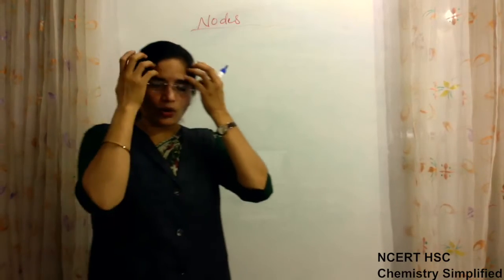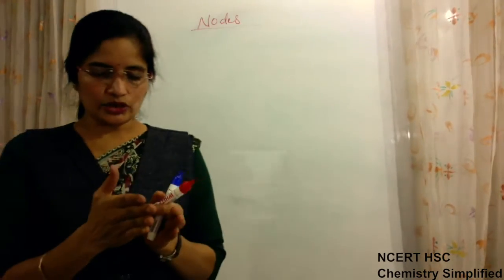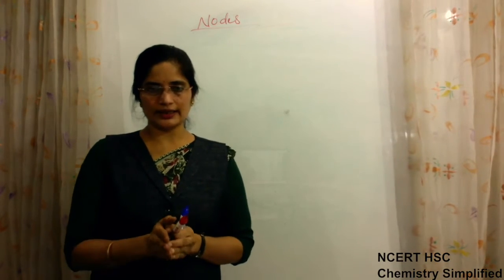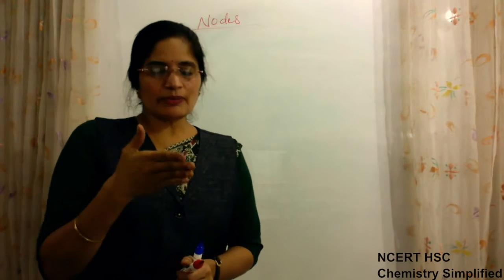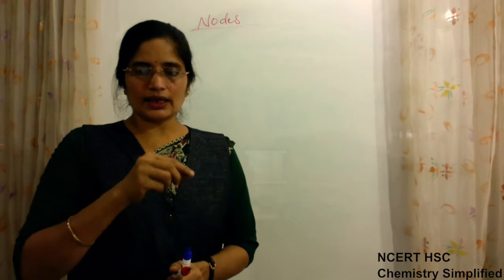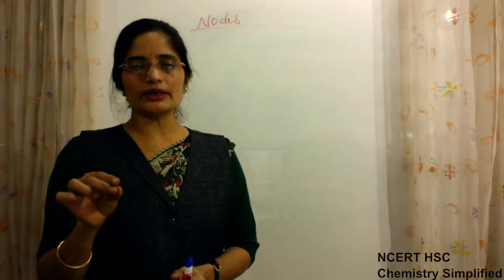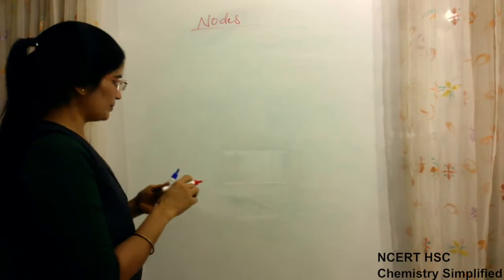See, when electron density is maximum in orbitals, we said that the probability of finding an electron is maximum in an orbital. But as we move away from the nucleus, in every orbital there is a place where the probability of finding an electron is 0. For example, let me draw.